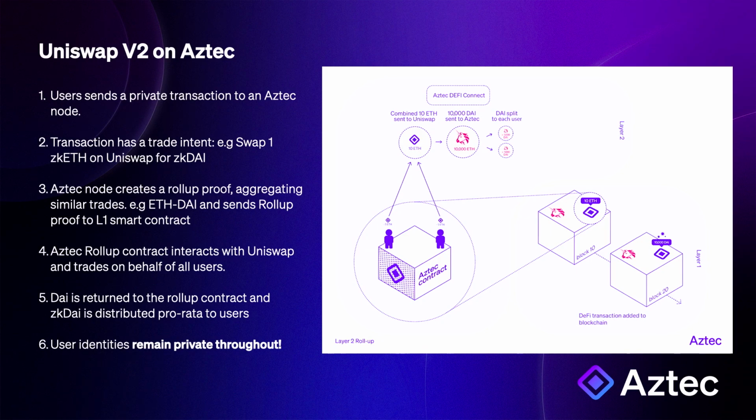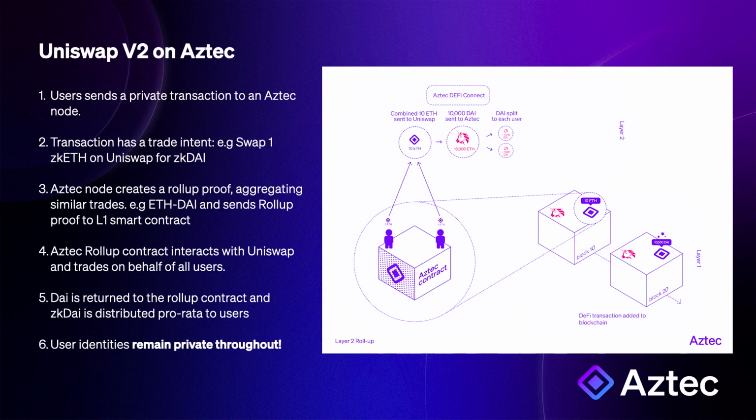So the Aztec node then, based on the fees, decides to create a rollup proof, and it will aggregate transactions together which have similar trade intents or are going to similar bridge contracts. And it creates a rollup proof for those transactions, summing up the aggregate value, but keeping the users' identities hidden throughout the process.